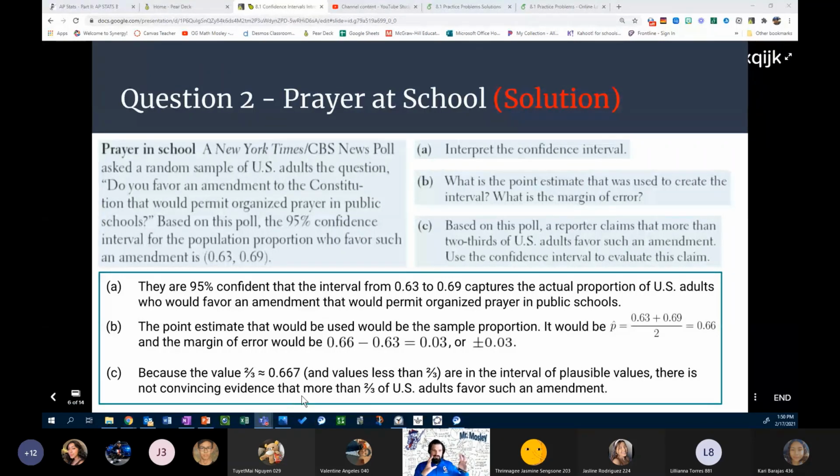So because we have a good chunk of plausible values that are less than the claim that they're making, we don't have convincing evidence that their claim is correct. It could be. Some of our plausible values are greater than 2/3, but some of them are also less than, so we don't have evidence to say the claim is true. Okay, we don't have convincing evidence.